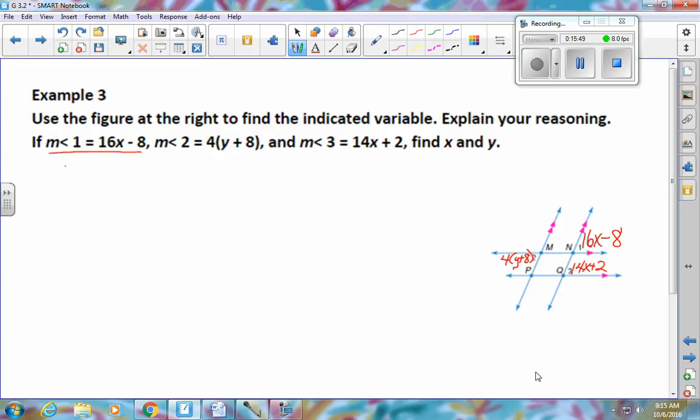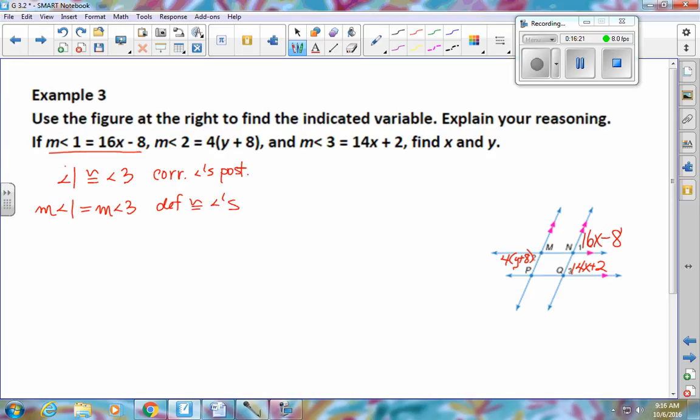We want to look at where the variables are the same. So I see 16x minus 8 and 14x plus 2. So angle 1 and angle 3 are congruent because of our corresponding angles postulate. Now, if two angles are congruent, we know from last chapter that the measure of angle 1 is going to equal the measure of angle 3 by definition of congruent angles.